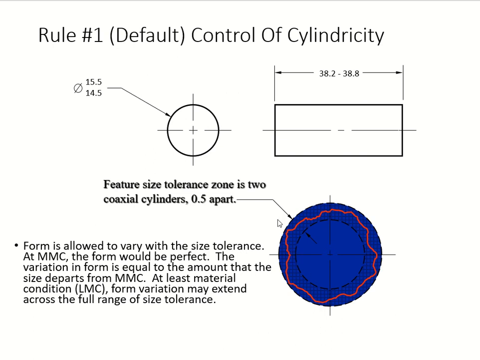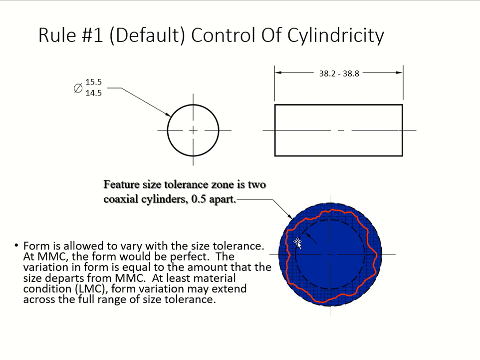So you're just going to take a look at your MMC, which is this one right there, and measure away from that. If the surface is closer to the MMC, you would have a perfect cylindricity. But right now it's deviated from your MMC, going towards your LMC.